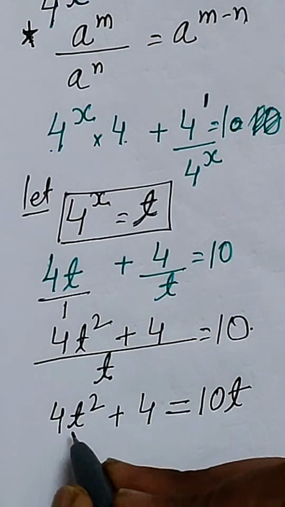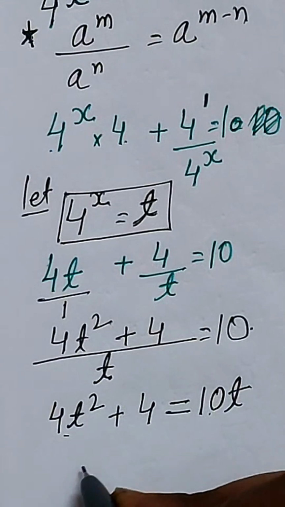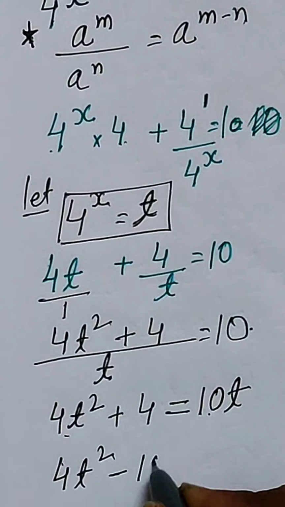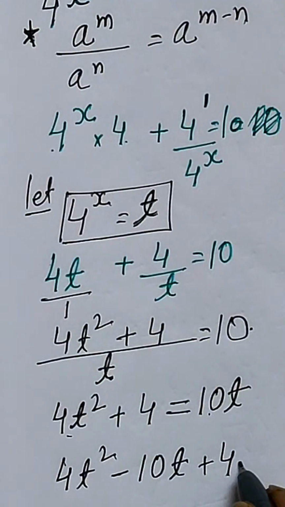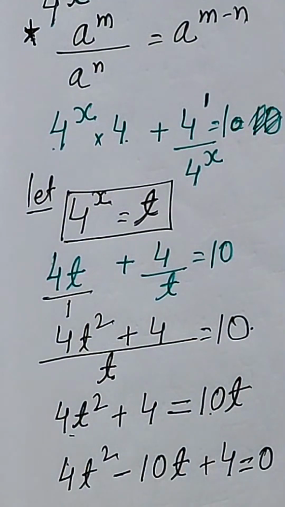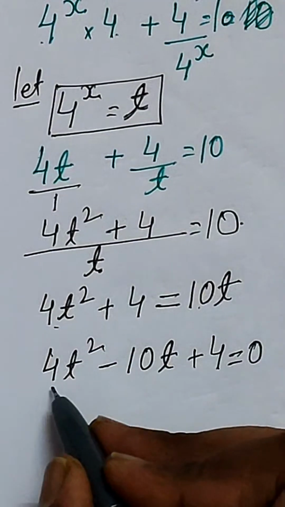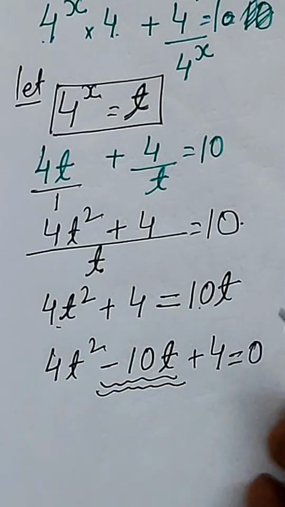Now when you bring this 10t to the LHS, we get 4t square minus 10t plus 4 is equal to 0, isn't it?